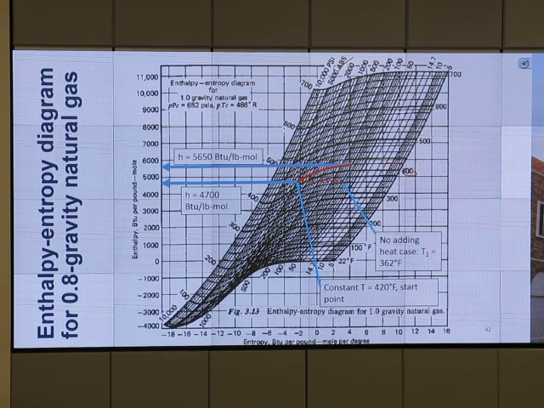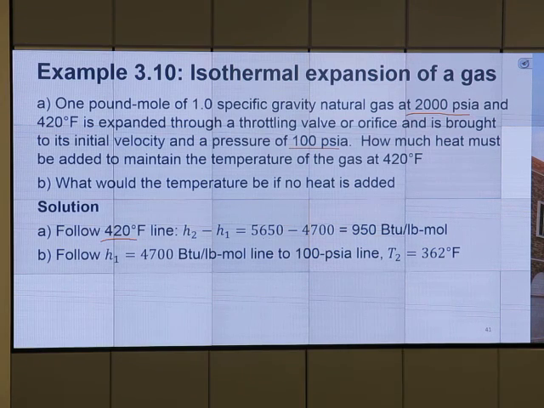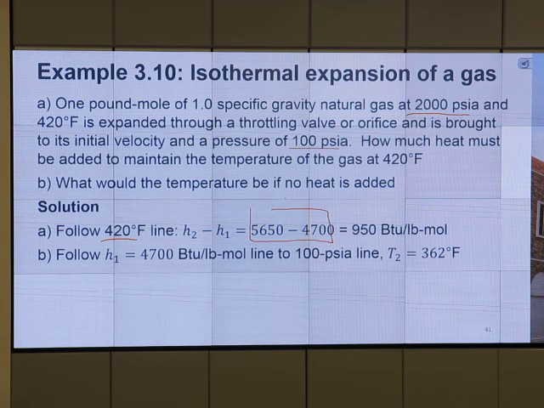So 2000 is that thing, and 100 psia is that. So when we move along a constant temperature curve, if we have the process that doesn't have any temperature drop, that much is the difference in the enthalpy. Okay. So in this example, we need the difference in enthalpy of that number minus that number. Okay. So that is how much heat we need to add.